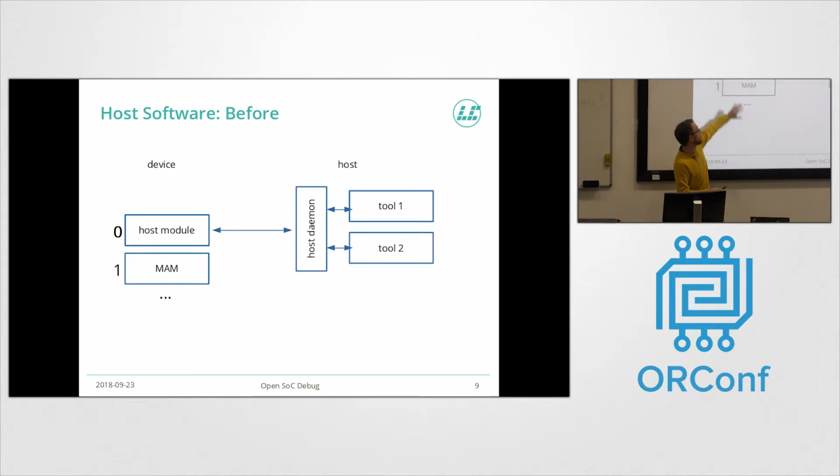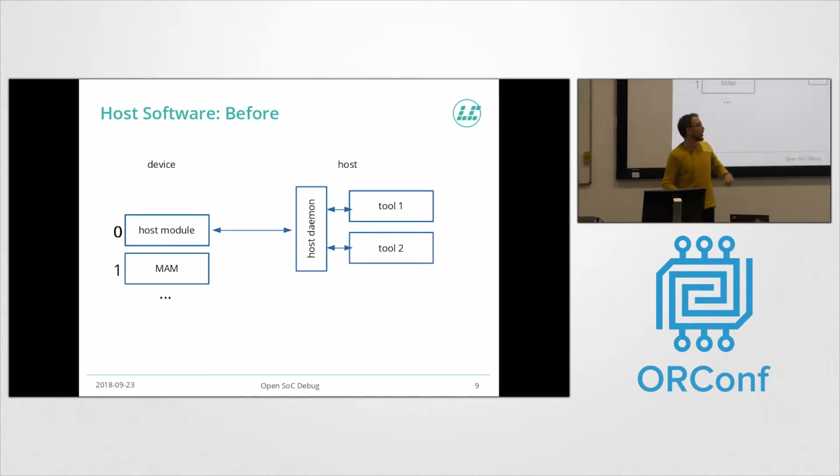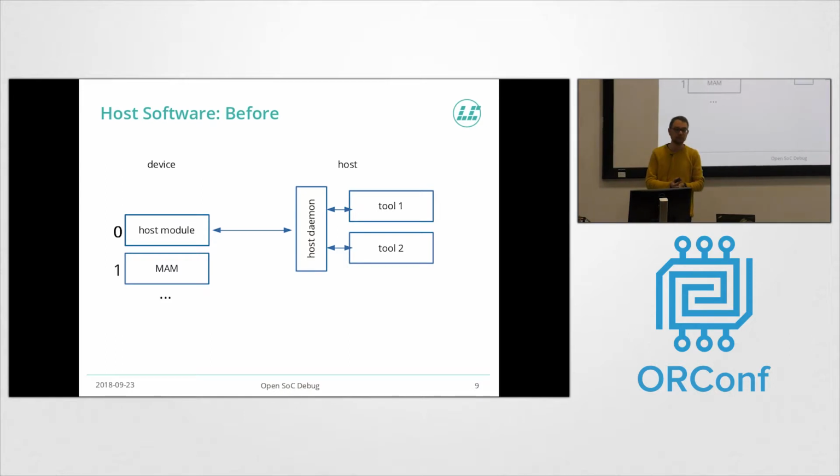So you have modules on the device that are attached to the different CPUs and things like that. But then you have a very unidirectional view of the world, since everything that is on the device is now channeled through the trace port or other kinds of ports.